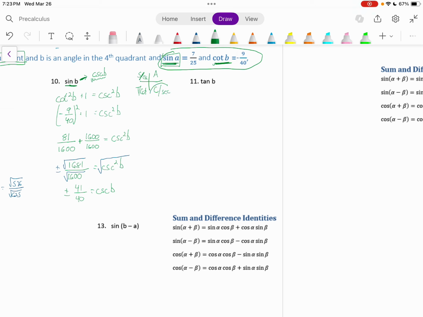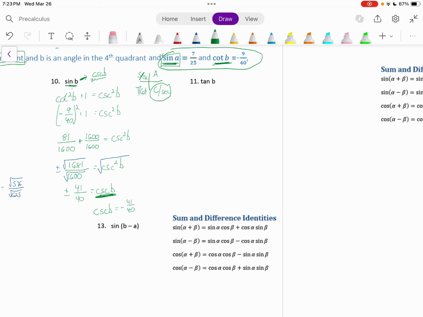And so since cosine and secant are positive in the fourth, that means cosecant, the one we're looking for, is negative. So our answer for cosecant of B is negative 41 over 40.